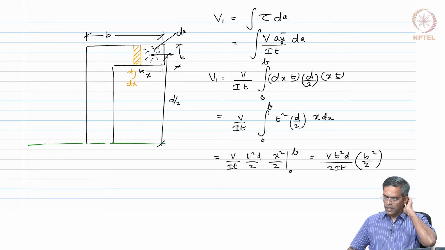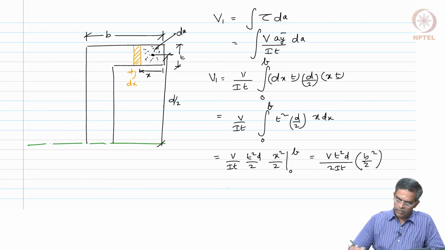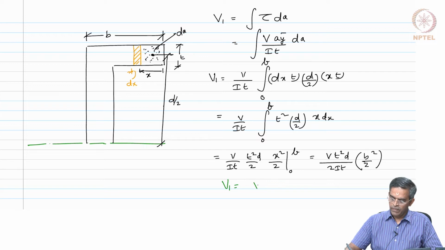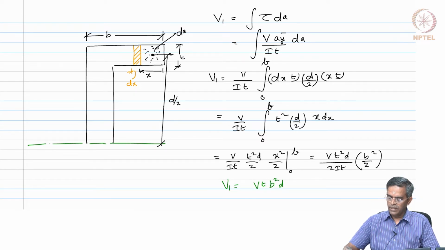So, I can now write V1 as V t b square D by 4I.